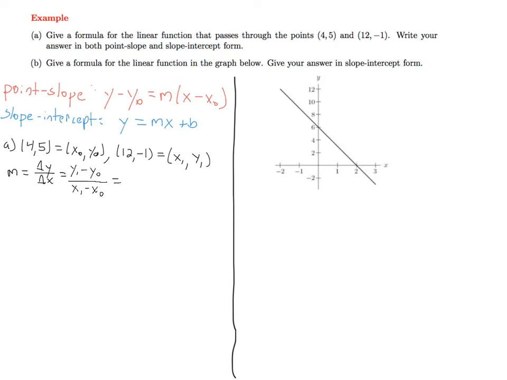So in this case, my y1 was -1, my y0 was 5, and my x1, therefore, I need to start with this value of x if on the top I started with this value of y. So now I have 12 as x1 minus x0, which is 4. So I get -6 over 8, and if I reduce this, this gives me a slope of -3/4. Okay, so here's my slope.